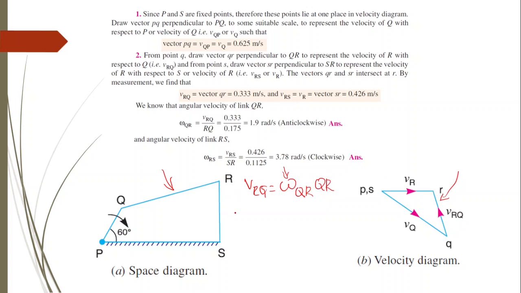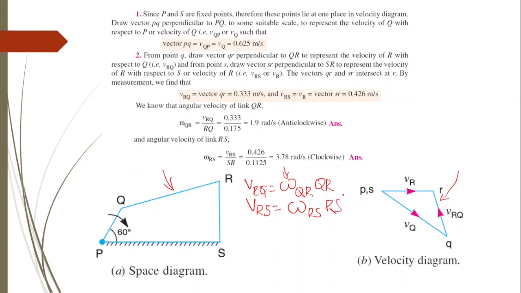In the next step, we can draw the velocity vector of R, the velocity of R with respect to S. The velocity of R with respect to S is equal to omega RS into RS.